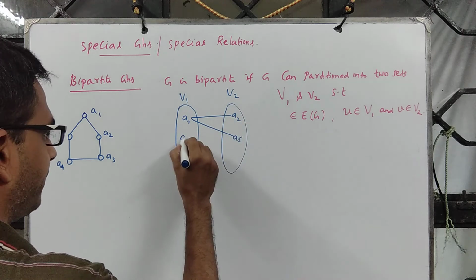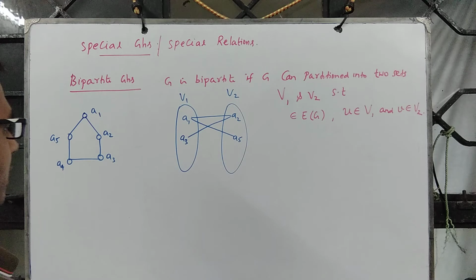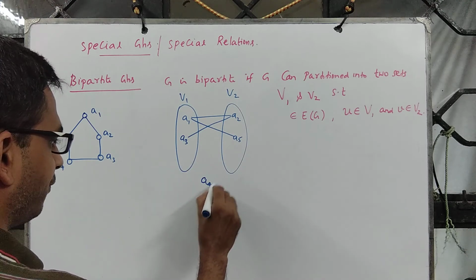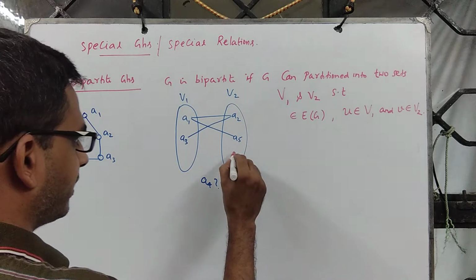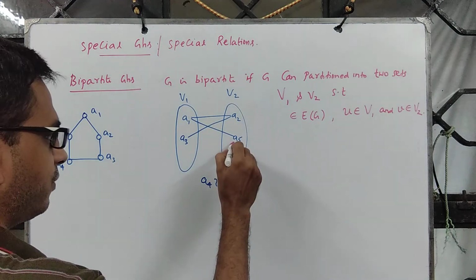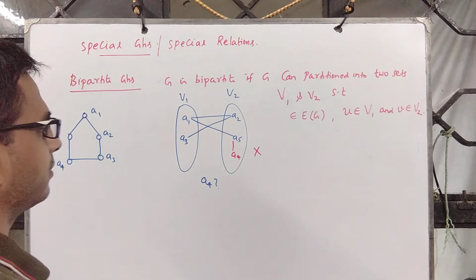Then for A2 let me place A3, and the next one, where do we place A4? Supposing I place A4 here, then A4 and A5 are adjacent, so this is not bipartite.